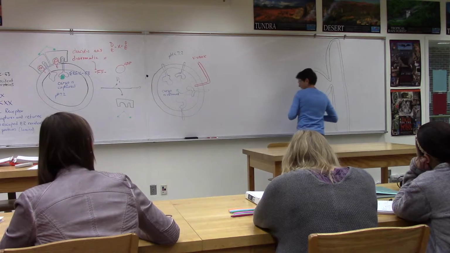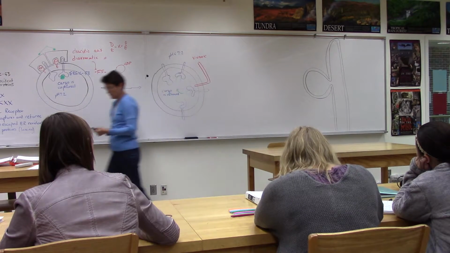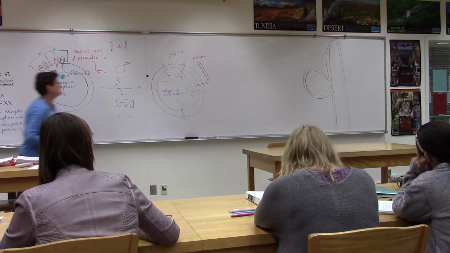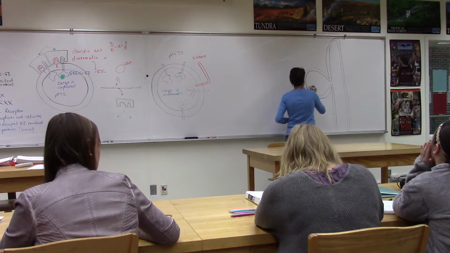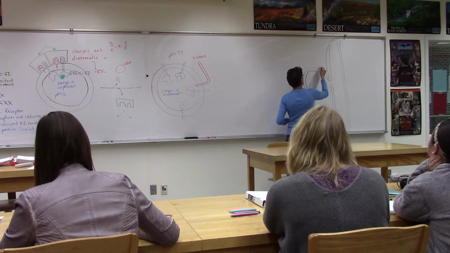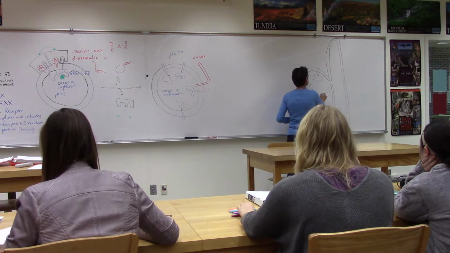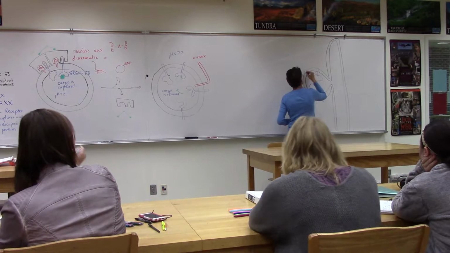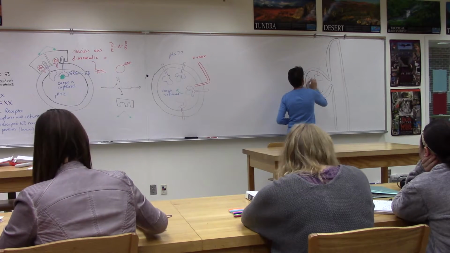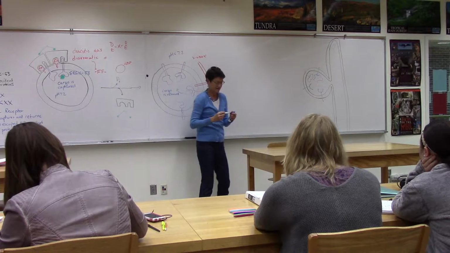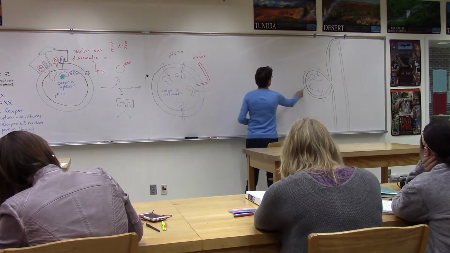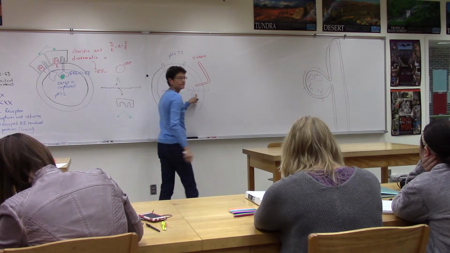So this could be like the ER or something, or the Golgi. Okay. And we have these kinds of proteins and these kinds of proteins. So this protein is this kind of protein.